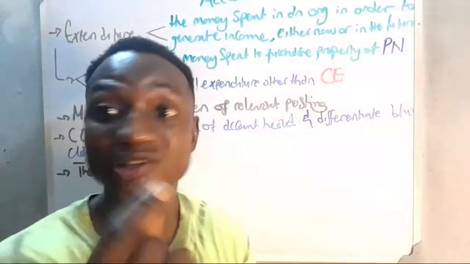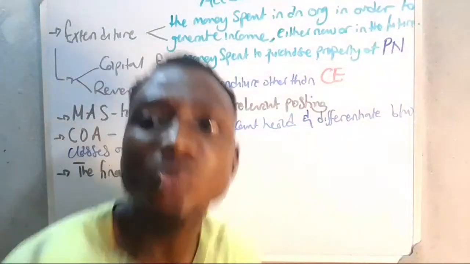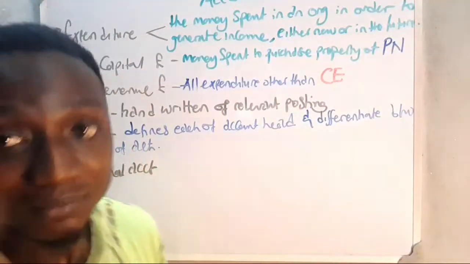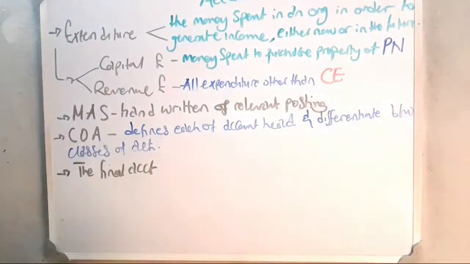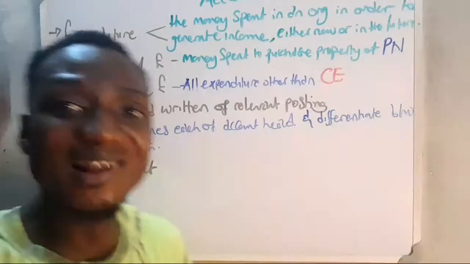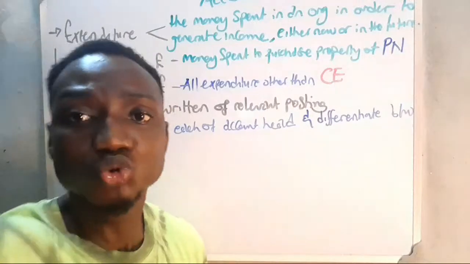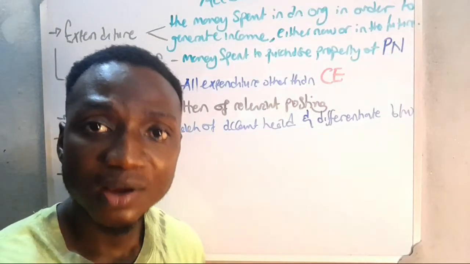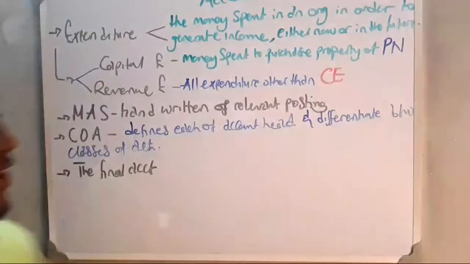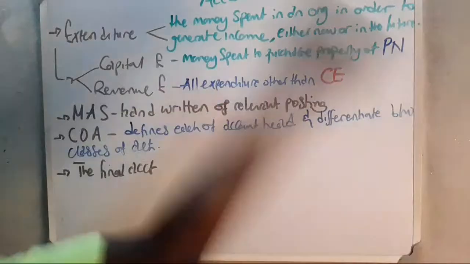That's why accounting is very difficult: small details that you will ordinarily not pay attention to will make a lot of people fail. So please, whenever you are in the class, current class or retrospective classes, pay attention to details. Don't go and put what's supposed to be in this particular account in another.